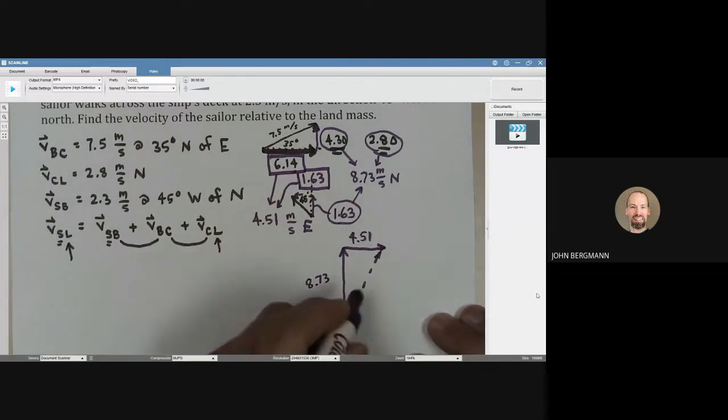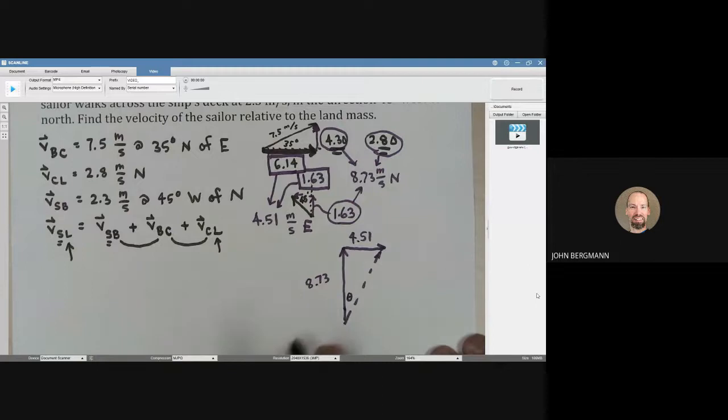And since this is a vector, we would have to give an angle, and we do it at the beginning of the vector. And the result I got, you go ahead and check it. If we use the Pythagorean theorem on this to two significant figures, I got 9.8 meters per second, and then this angle here is 27 degrees east of north.